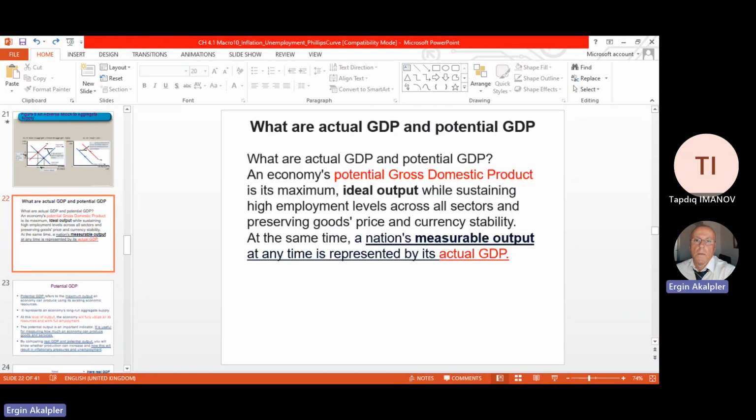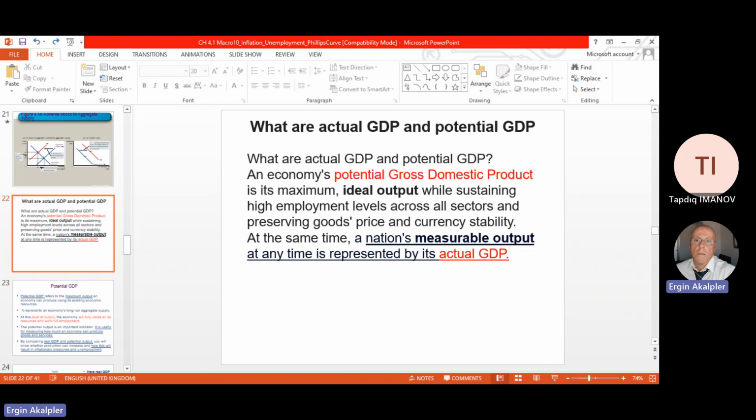What are the actual GDP and potential GDP from this point of view when we are questioning? Because we understand that this is also important to know for calculating inflation and calculating the economic profitability of the production operation process. What are the actual and potential GDP, or real and potential?